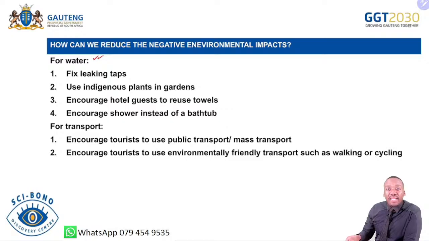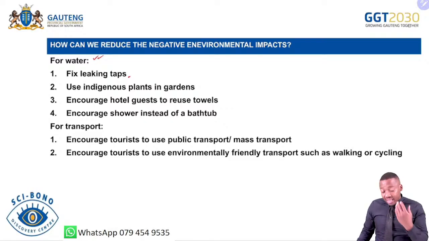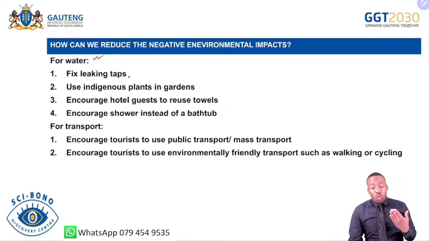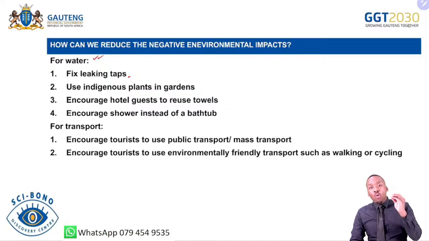In terms of water now, fix leaking taps. Right? Remember, water is one of our scarce resources. So we need water time and again. So as a big hotel, as a big tourism business, make sure that you fix all the leaking taps. It is not really about the cost, but it is all about saving water.